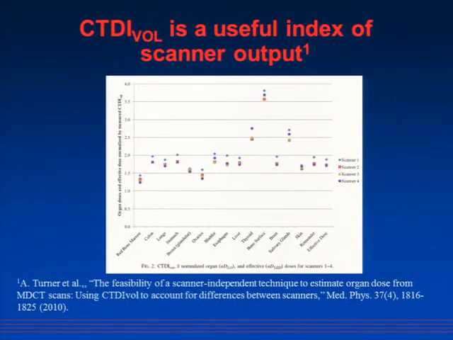But CTDIvol takes care of that because it's a measurement made inside this piece of plastic, and so it effectively gets rid of all of the nuances and idiosyncrasies of the design of the scanner. If you set things up initially by normalizing the CTDIvol, that's not a bad way to go.